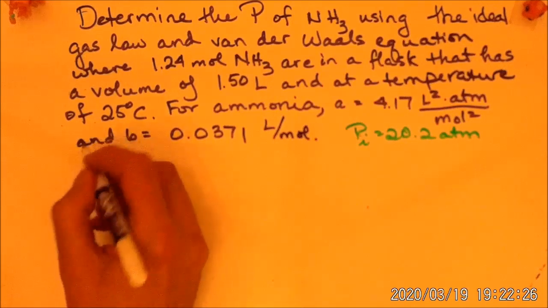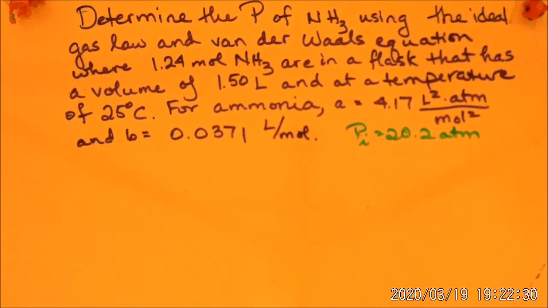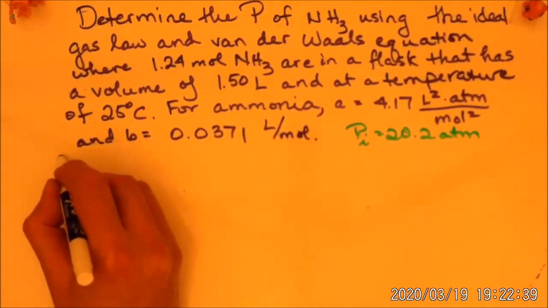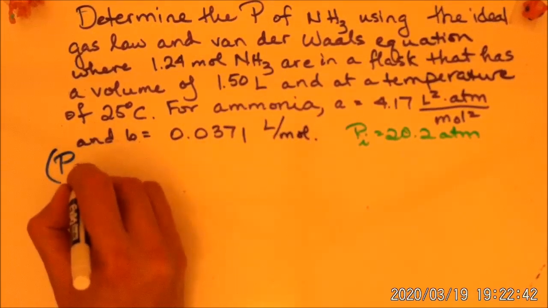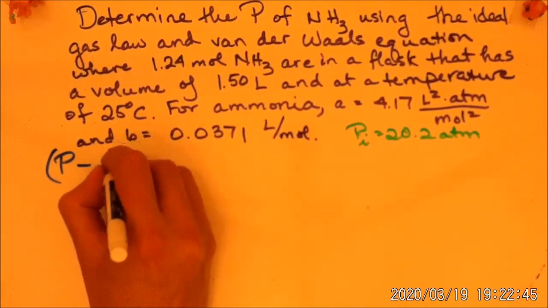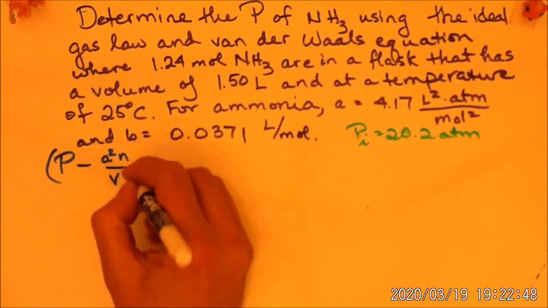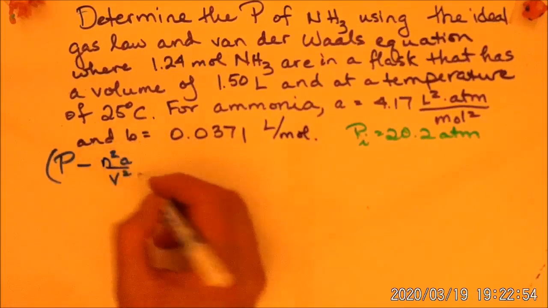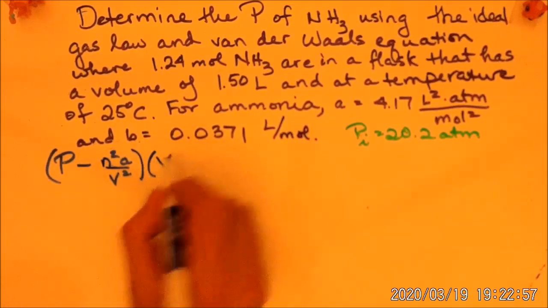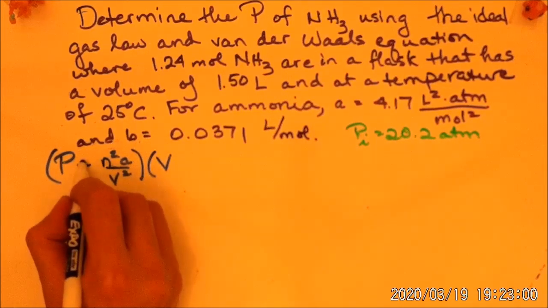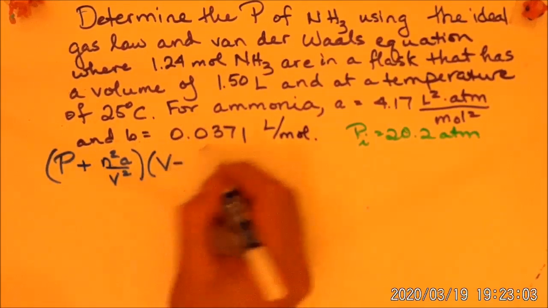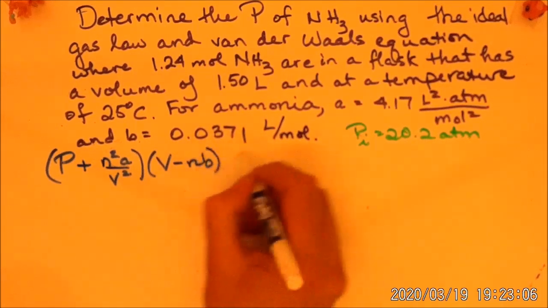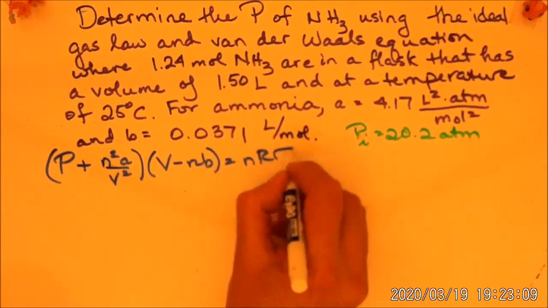And we know that, basically, the pressure plus n squared A over V squared, times V minus nB, is equal to nRT.